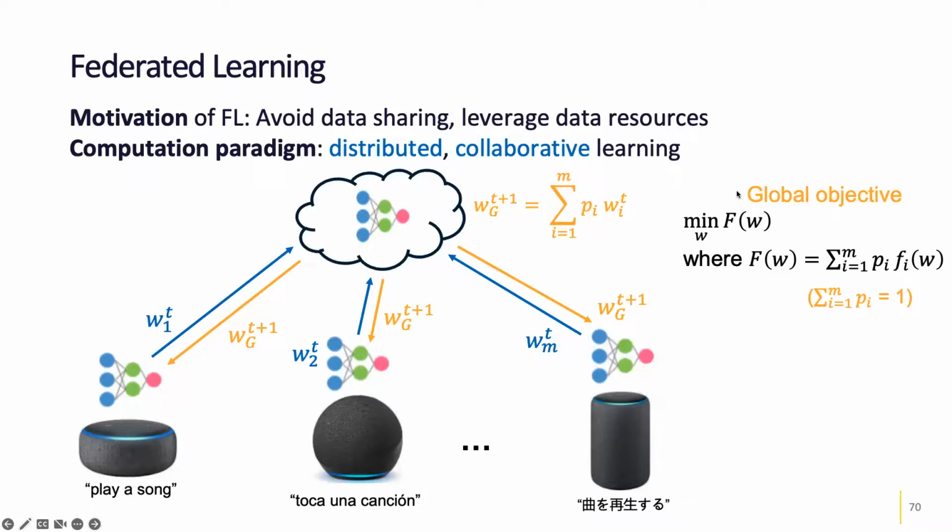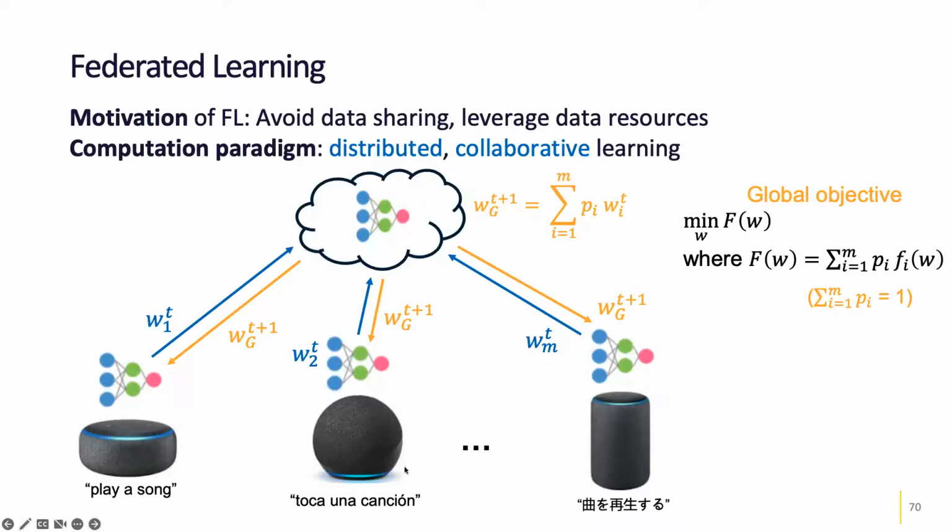And the global objective of federated learning is to obtain a good global model that minimizes the loss over the combination of each client's dataset. And after model aggregation happens, the cloud server distributes the new global model to the clients.